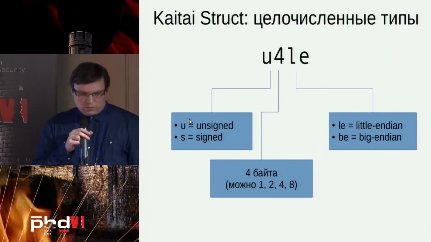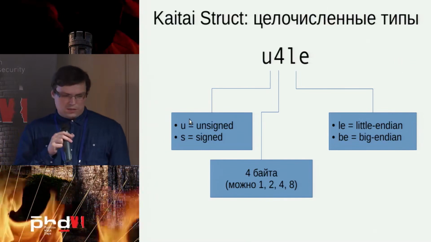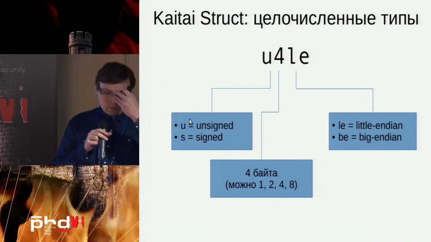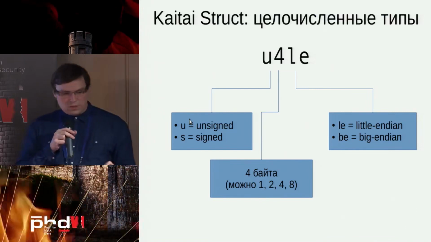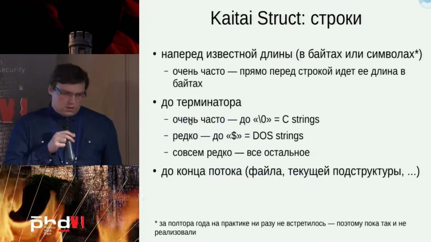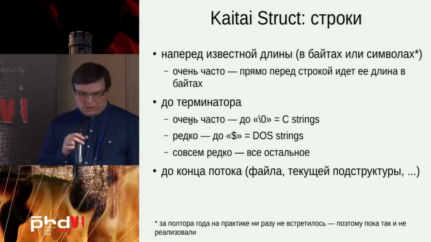Integers are presented in the following way. The first letter is unsigned or signed, U or S. Then we specify the number of bytes of this type, and if needed, we also indicate whether it's going to be little endian or big endian.